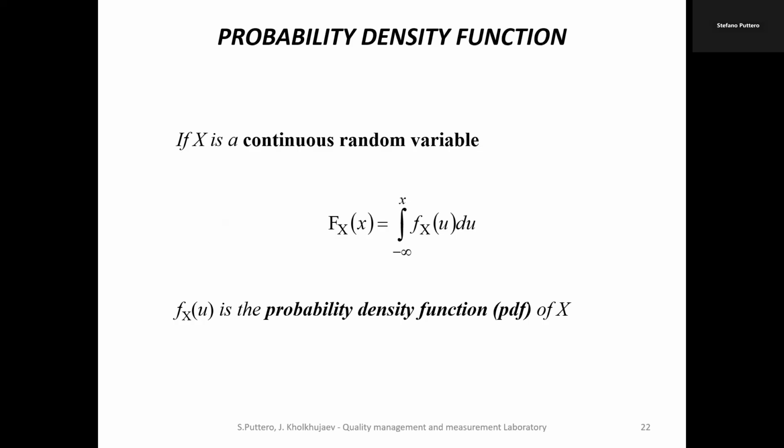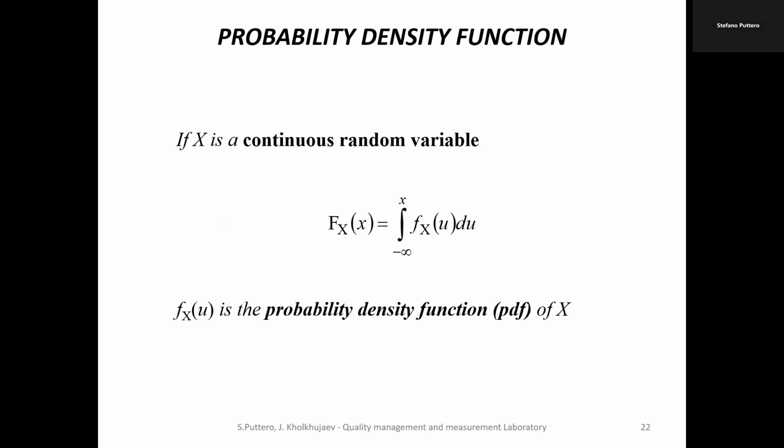Thus, the concept of a probability mass function, as defined last time, changes because we are no longer dealing with discrete mass points.